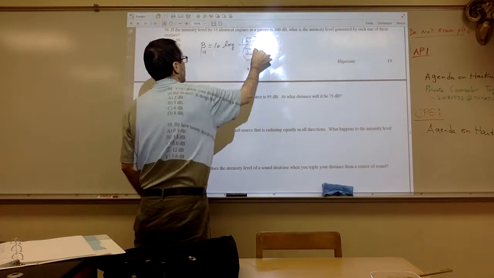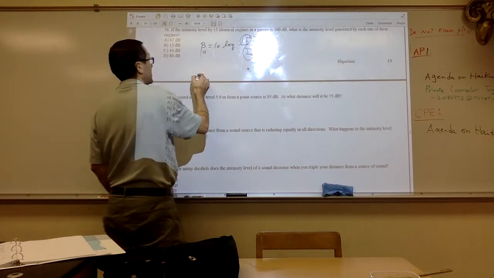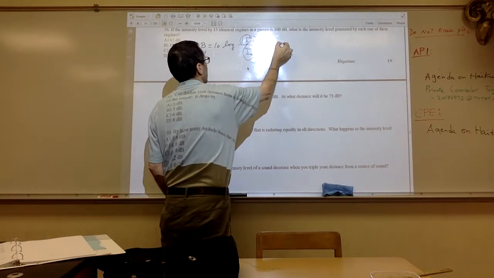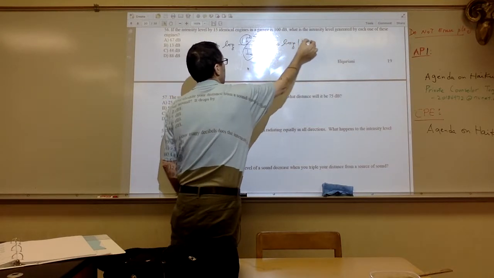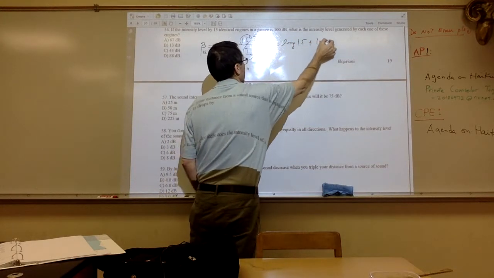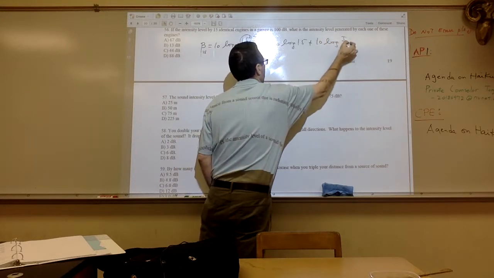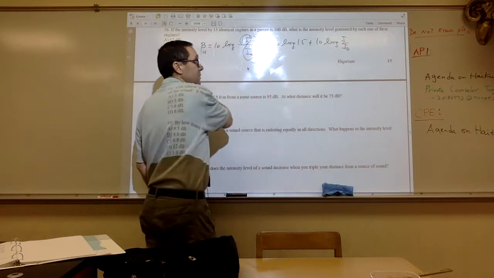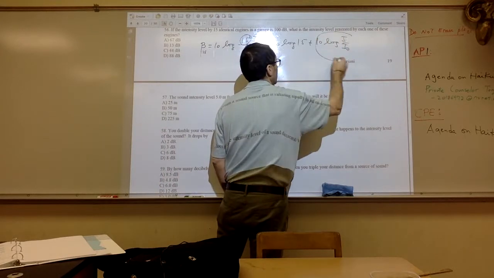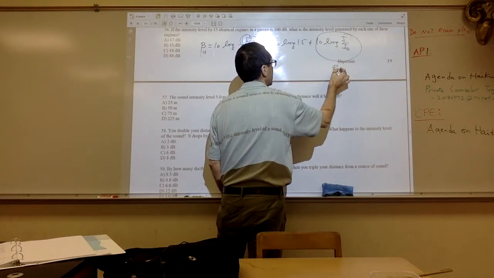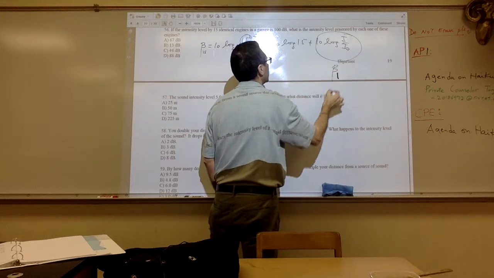So I'm going to separate this using the rules of logs. So this is going to be 10 log 15 plus 10 log I over I naught. Now, this here is the decibel level for one machine.